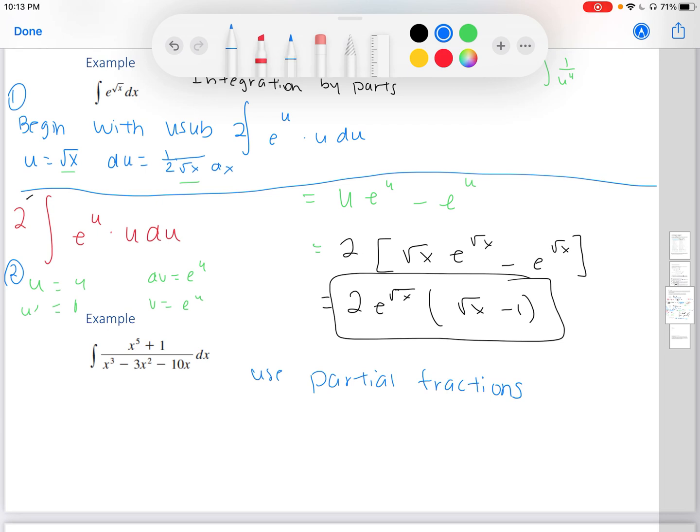We see we have a fraction, and u substitution is not ideal because if, for example, we let u be x to the 5th power plus 1, our derivative would be 5x to the 4th power, and we don't have an x to the 4th power anywhere in our integrand. So partial fractions would be ideal so that we can write everything in an easier form of this problem.